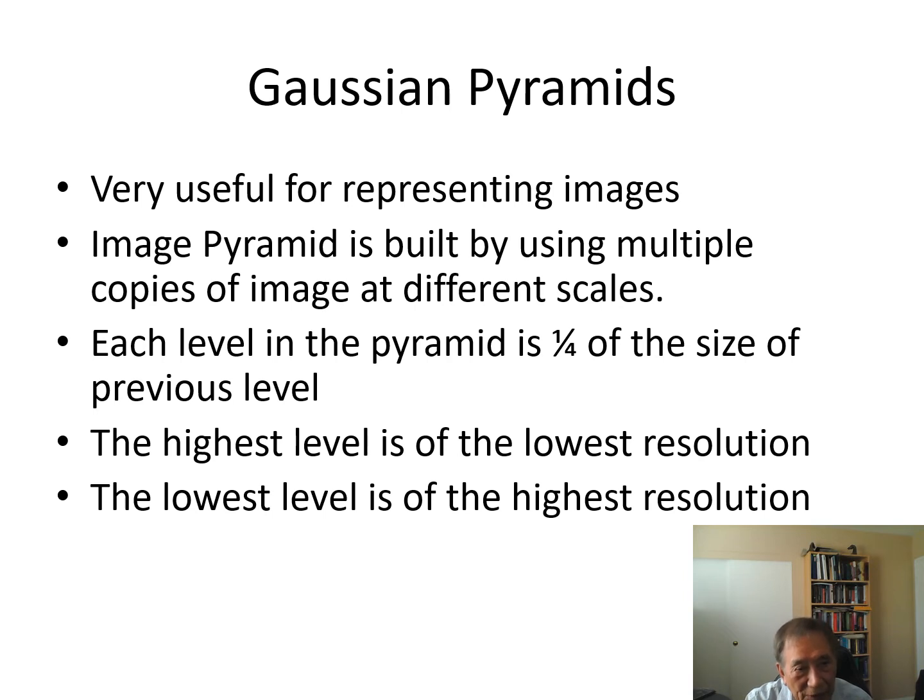In the pyramid, usually each level is 4 by 4 averaged. Each time it is reducing by half in one direction, in the horizontal and the vertical. So in area it is 1/4 of the size.